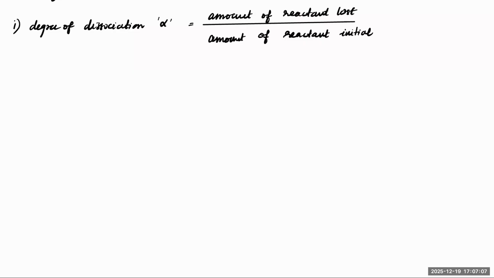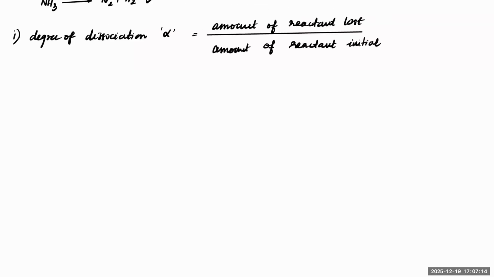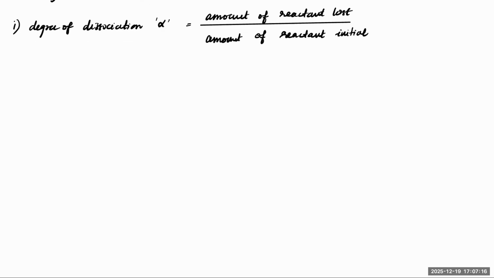Let me explain more logically. Suppose a reactant A is giving 4 moles of B. Let's start with a simple example.